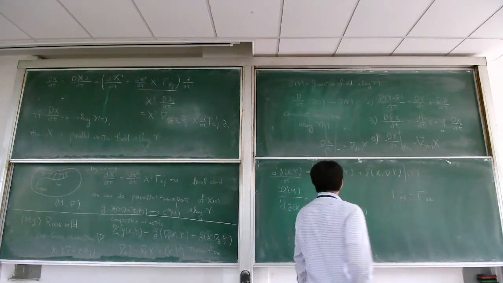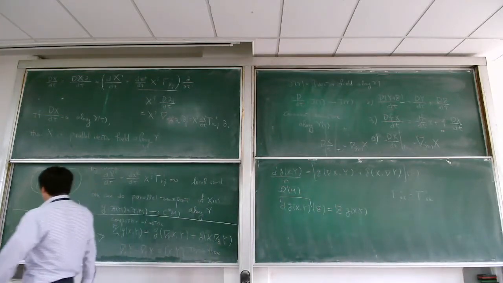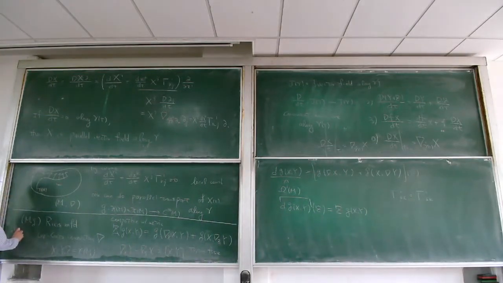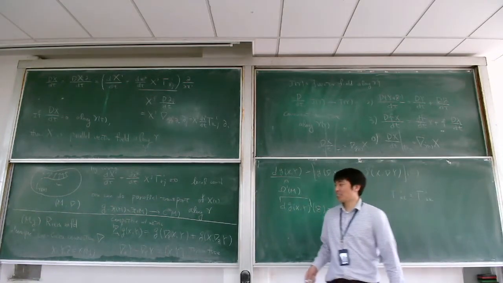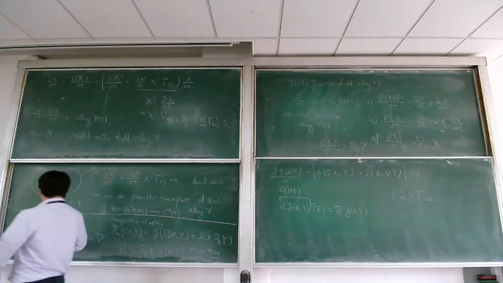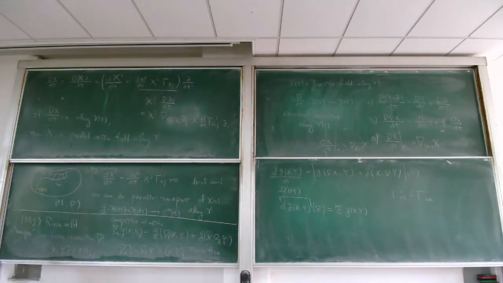And it turns out that this Levi-Civita connection is unique. Given the Riemannian manifold, there's a unique connection that satisfies all these conditions. Usually physicists learn the Christoffel symbol as the Levi-Civita connection. When physicists learn the connection in GR, usually you just learn the Levi-Civita connection.